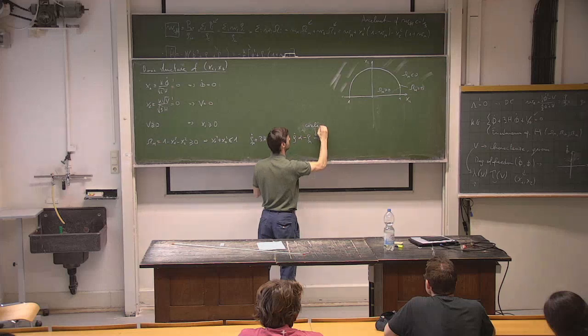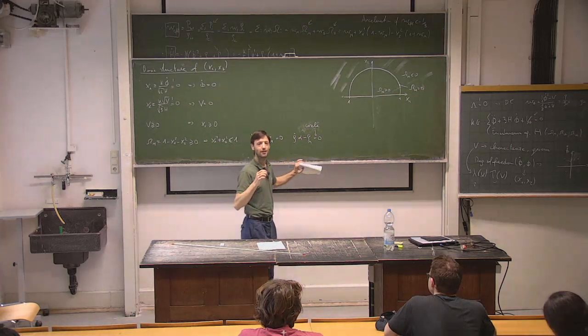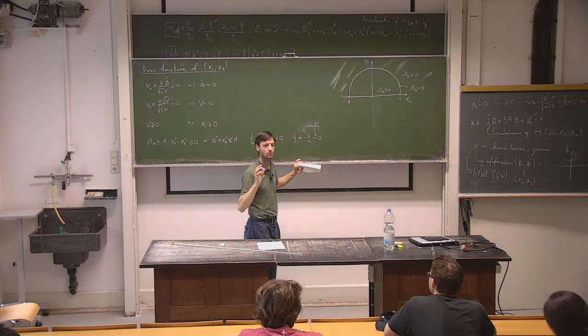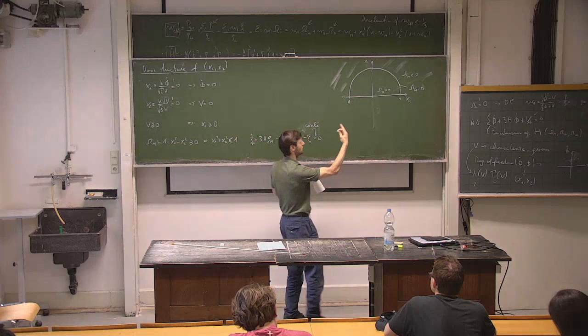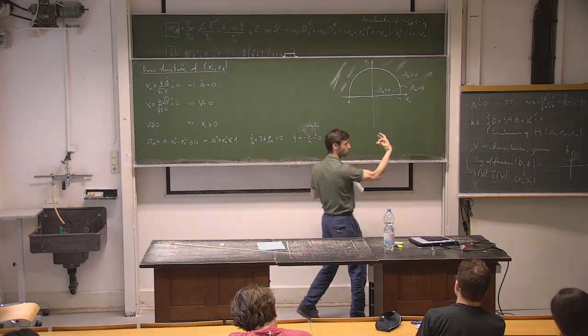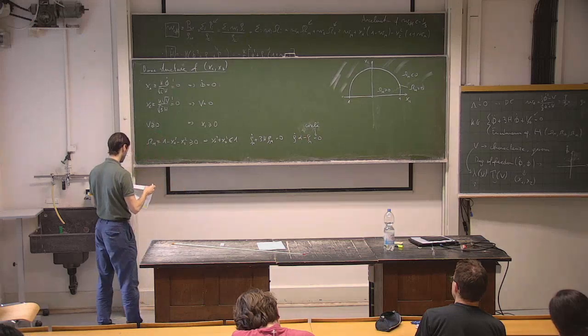What happens? The derivative is equal to 0. Rho cannot change anymore. So you see, this border also has physical meaning once you look at the continuity equation.